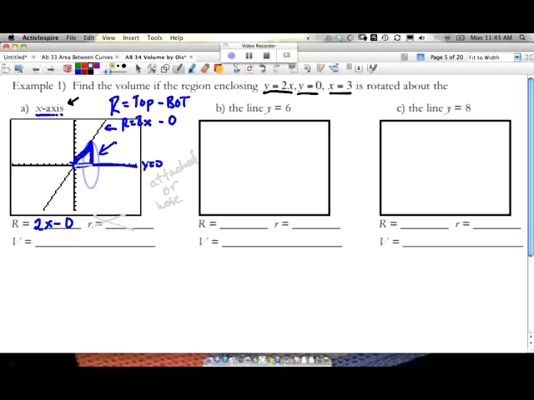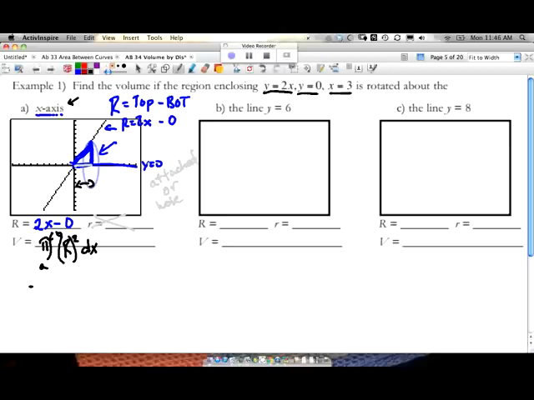So now how do I set up the volume? Well, remember that the volume is the integral from a to b of big R squared. Then we got a pi times our answer there because it's pi times r squared, the area of a bunch of circles. Now since we're moving left to right here for this question, that means we're going to have dx. Okay, so fill in the pieces.